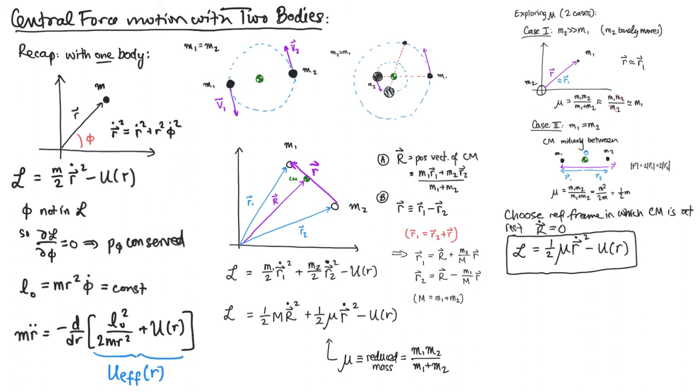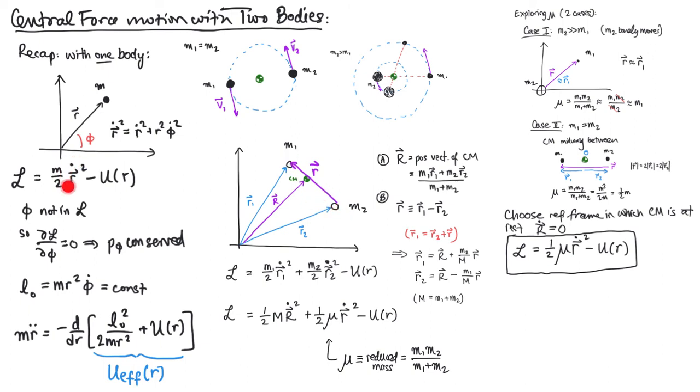And now what we can do is draw an analogy between that Lagrangian and the one for the one-body system. Right? Notice it's exactly the same form. It's a mass over 2 times a position vector dot squared minus a potential. Same thing here, except we've replaced the mass of the single particle with the reduced mass of the pair of particles.